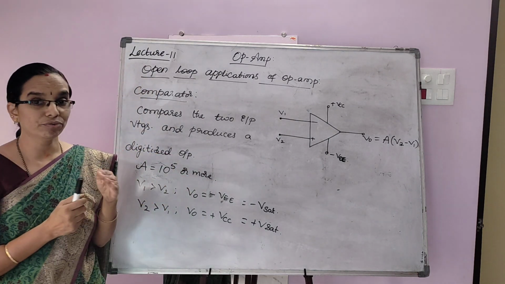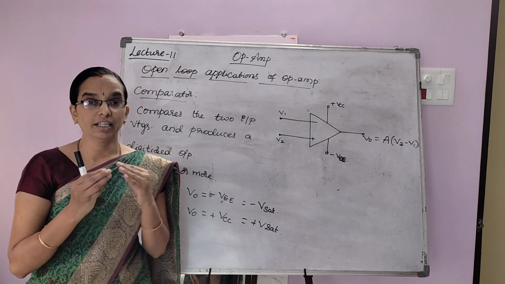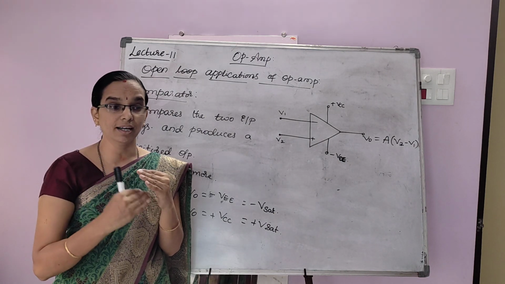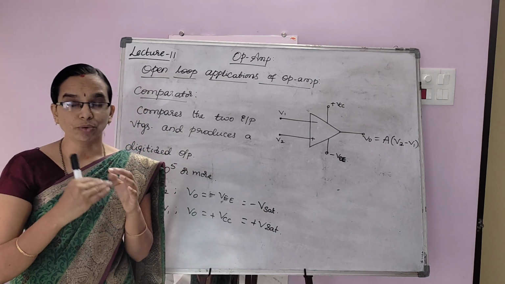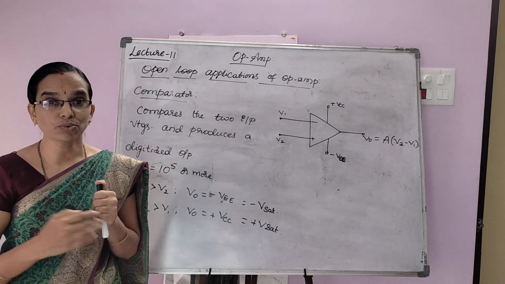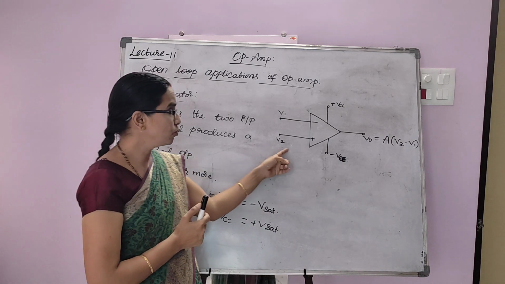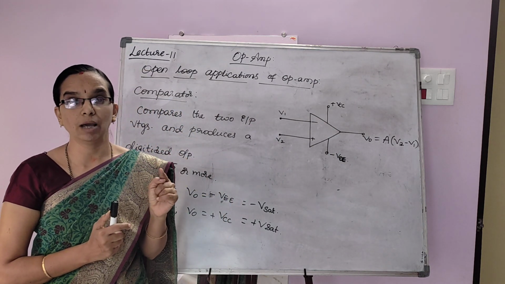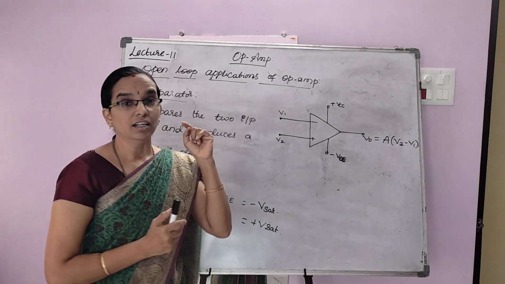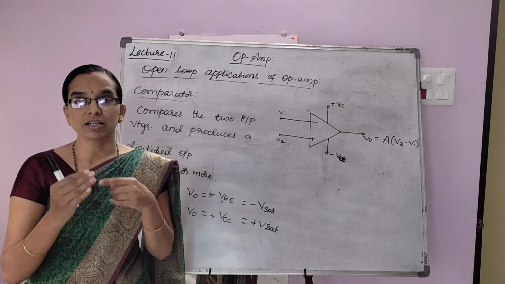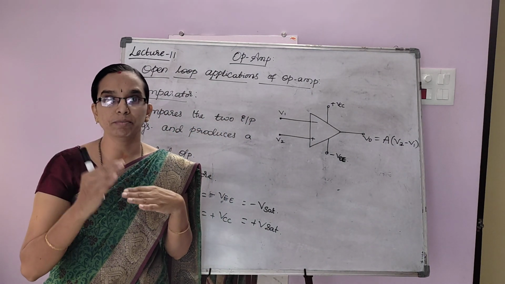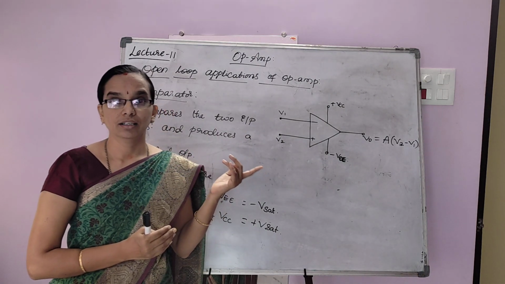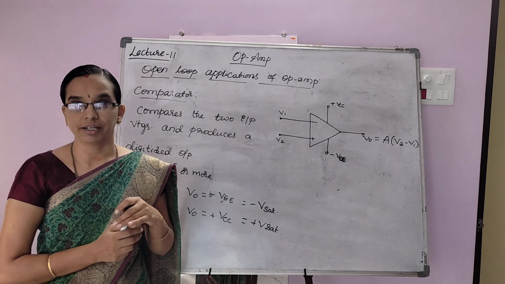If you want to compare the temperature of the room with the reference voltage, the reference voltage will be given to one input of the comparator, and the measured temperature variation is given to the other input of the comparator.